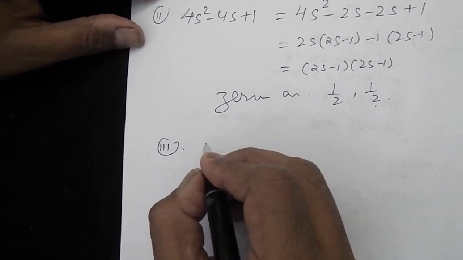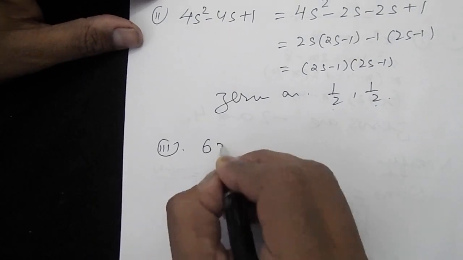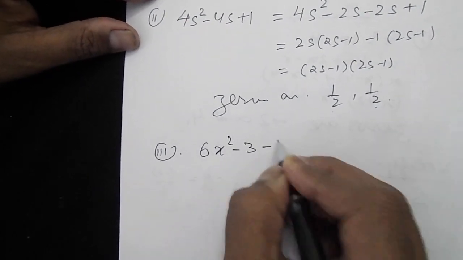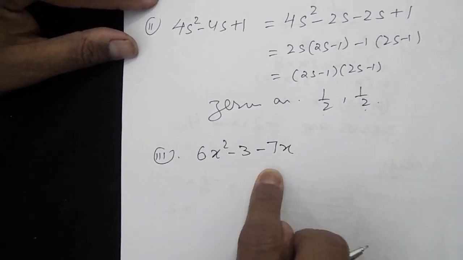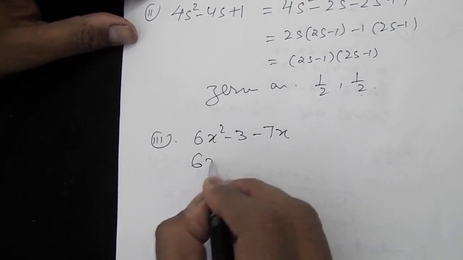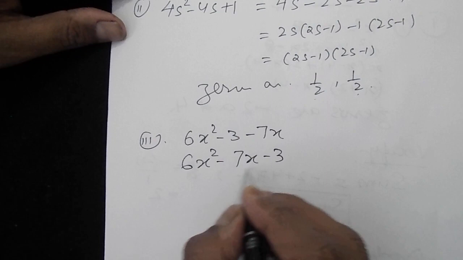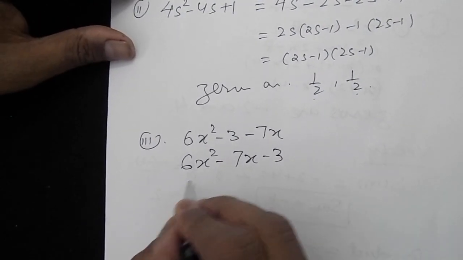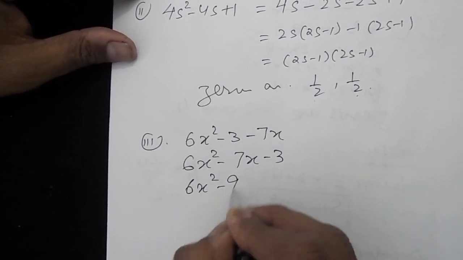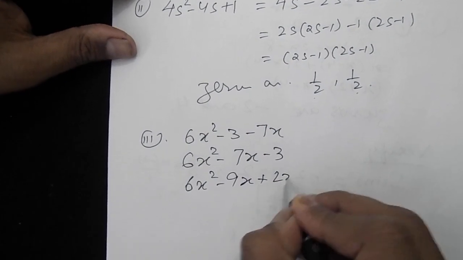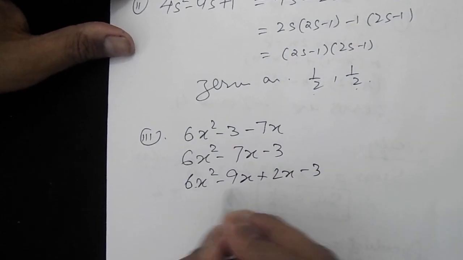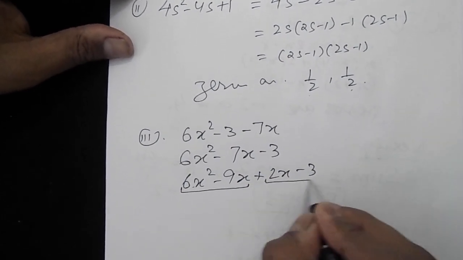Moving on to the third part, which is 6x square minus 3 minus 7x. Let us rearrange it first. So we get 6x square minus 7x minus 3. Splitting the middle term, we get 6x square minus 9x plus 2x minus 3. Let us take common from the first two terms.